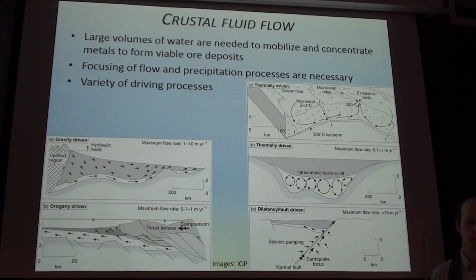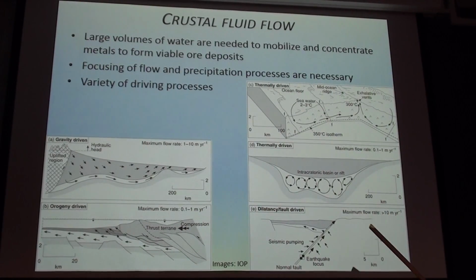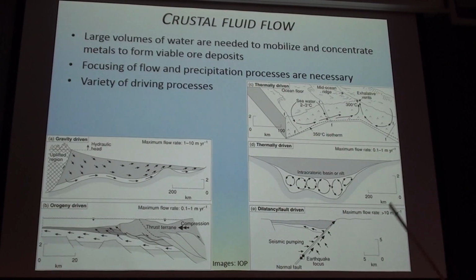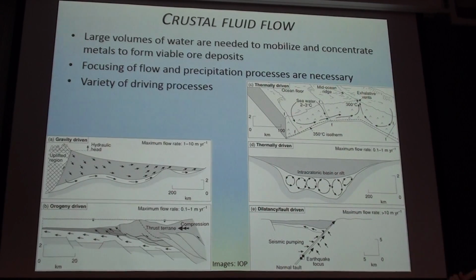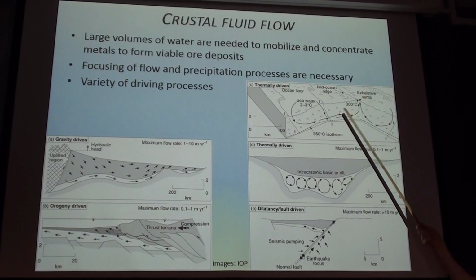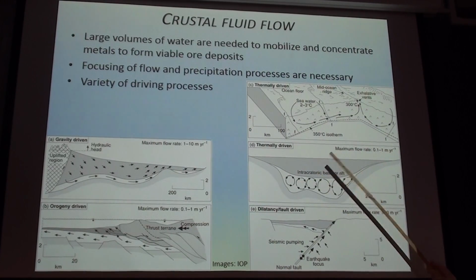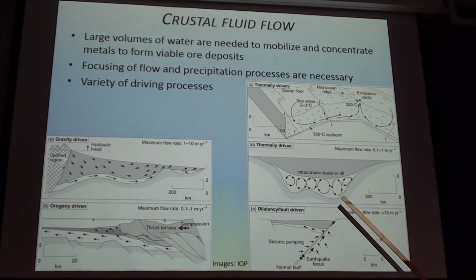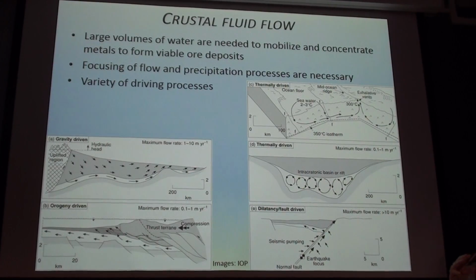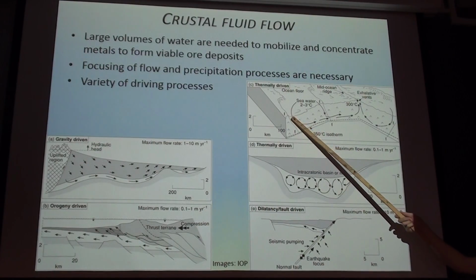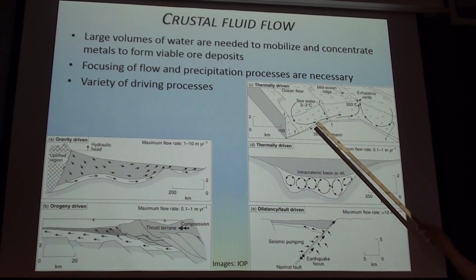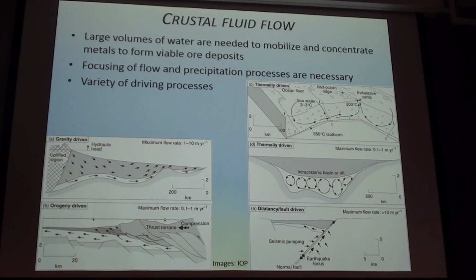this flow. Another way of causing water or fluids to move is heat, basically in mid-ocean ridges or in intra-cratonic rifts. We have the crust thinning, and heat from underneath driving convection cells, which can then allow water to flow from certain regions to other regions.